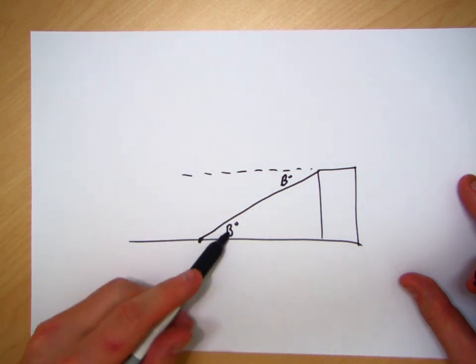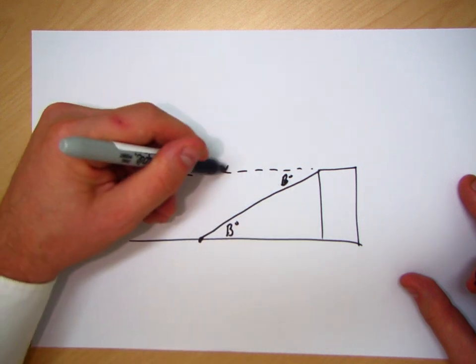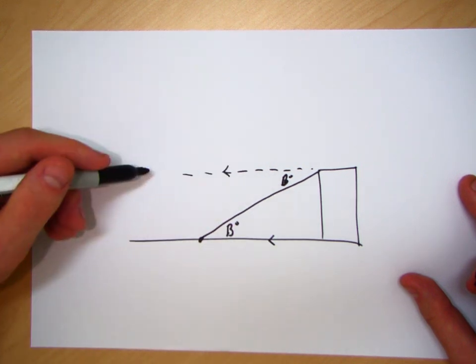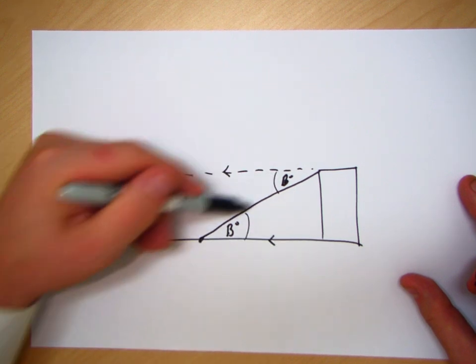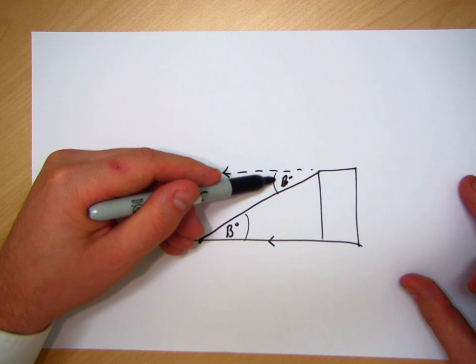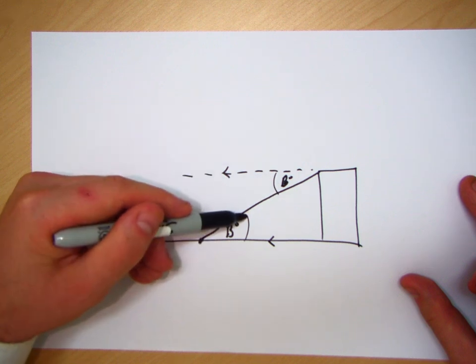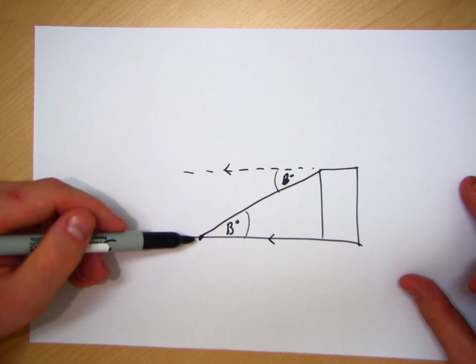In other words, if this is 20 degrees, this is 20 degrees. And the reason is because these are, of course, parallel lines because they're horizontal. And so these have to be the same because they're alternate interior angles. So you'll always get that the angle of depression is exactly the same as the angle of elevation. And it always works out like this for these pictures.